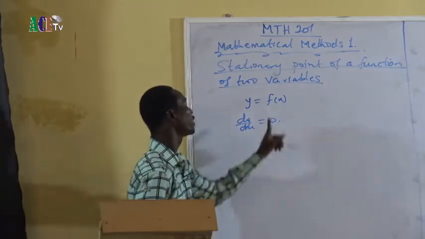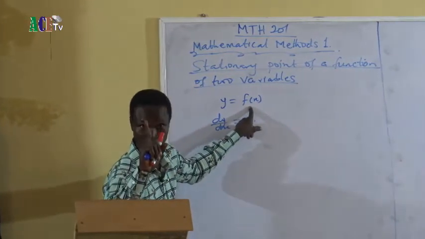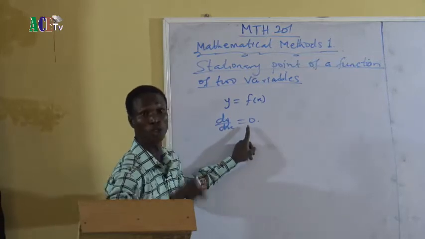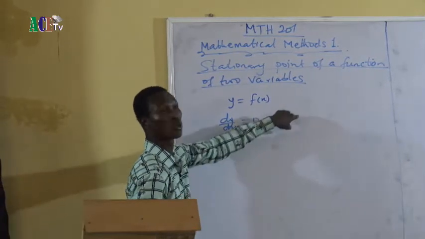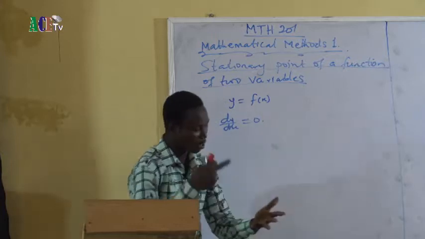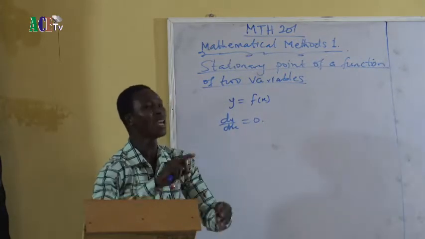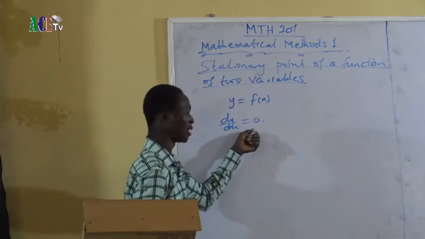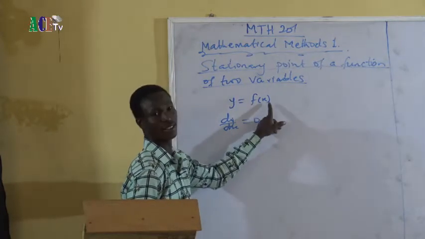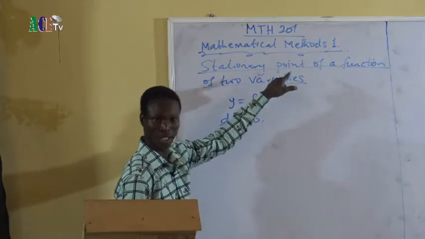What does that mean? You will differentiate this function once, then you equate it to 0. You solve it, whether quadratic, simultaneous, exponential, polynomial, any type of equation you have there. You get the value of x. Then that is where you determine your stationary point.